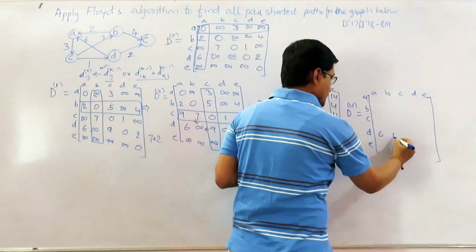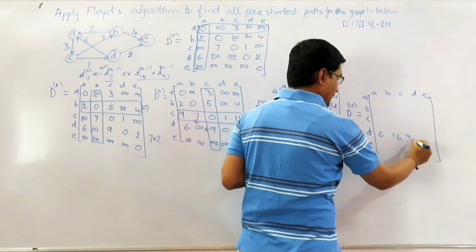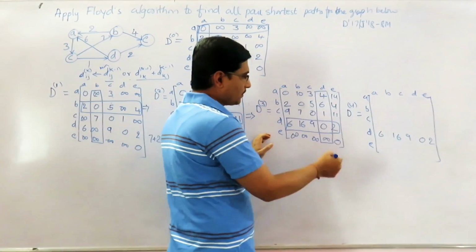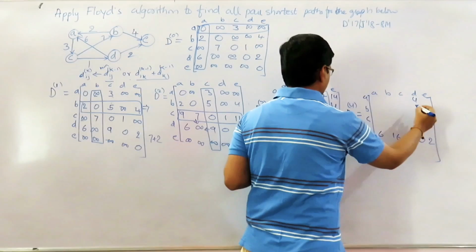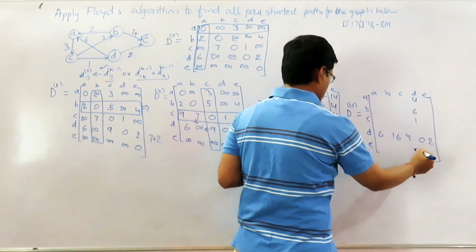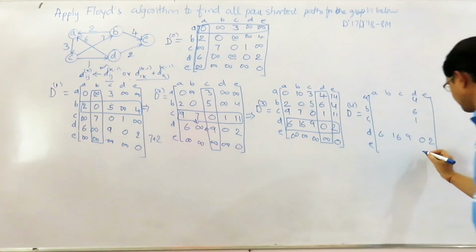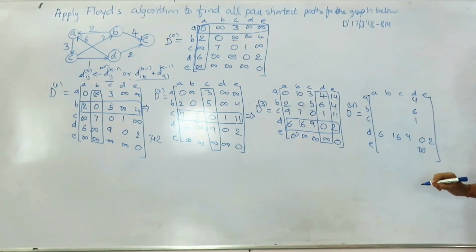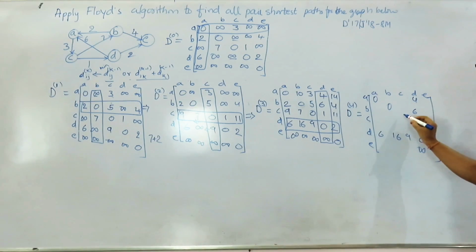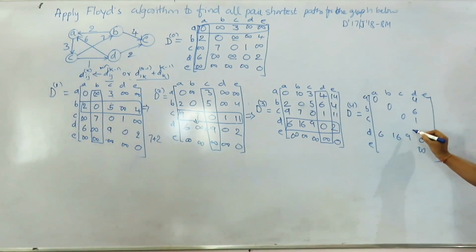So 6, 16, 9, 0, 2. And the fourth column: 4, 6, 1, 0 and infinity. Let me come here so that you can view it. And the diagonal entries, distance to the same vertex, will remain as they are.